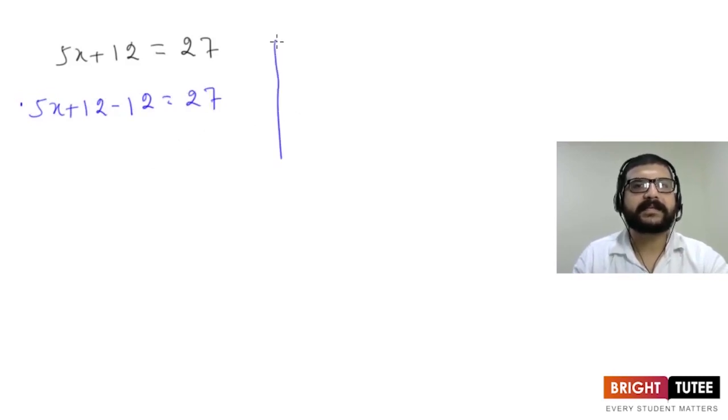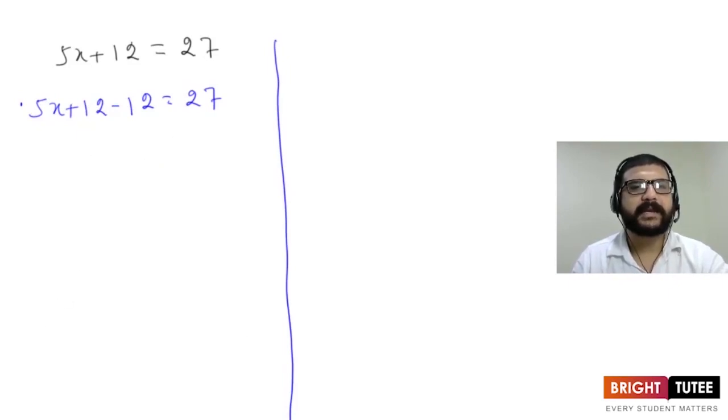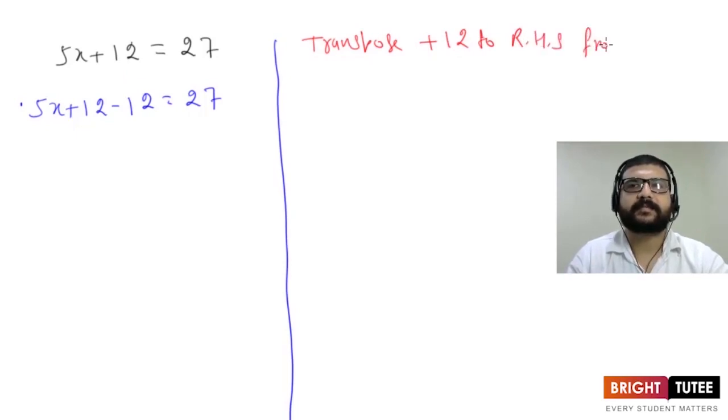Now as we can see, subtracting 12 from both the sides will be equivalent to transposing this plus 12 to the right hand side. So what we can do, transpose plus 12 to right hand side from left hand side of the equation. So it will become minus 12 when it is transposed.